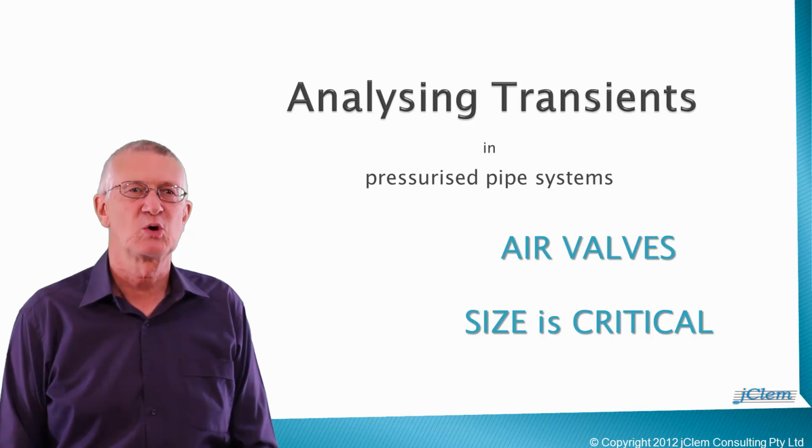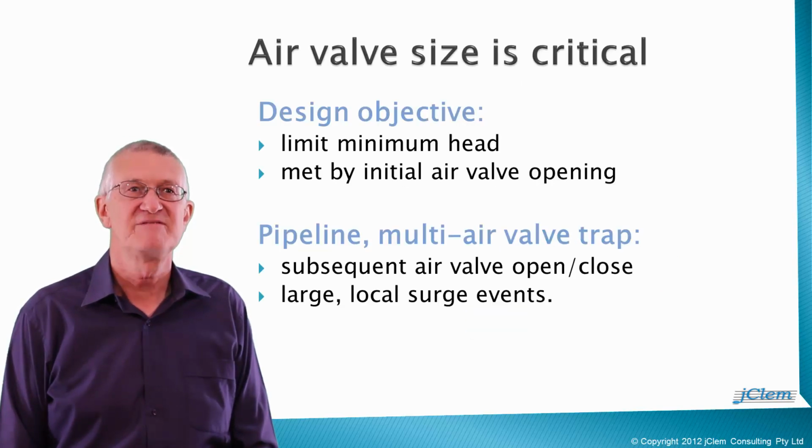This lesson explores the subject that air valve sizing can be critical and how air valve size can influence pipe velocities. Air valves are frequently used with the design objective of limiting minimum head, for example, after a pump has stopped. It is helpful for engineers to understand two things about air valves.